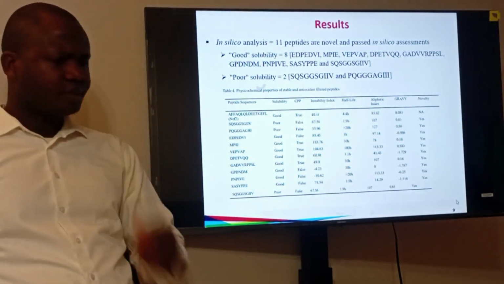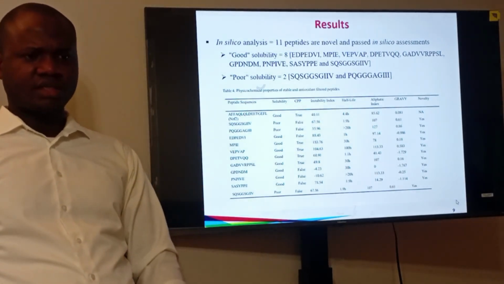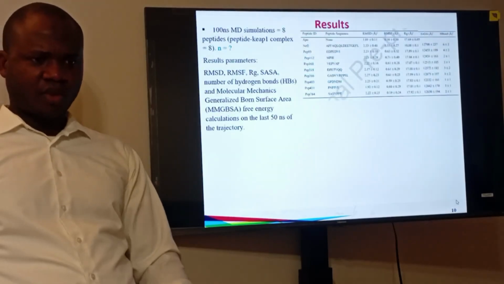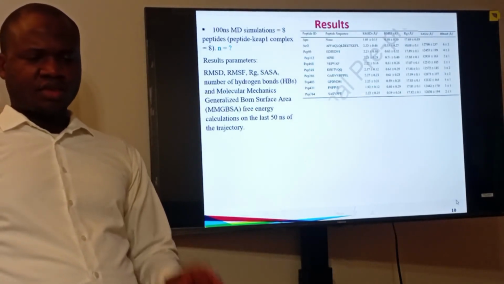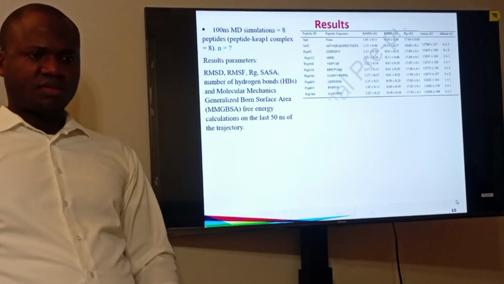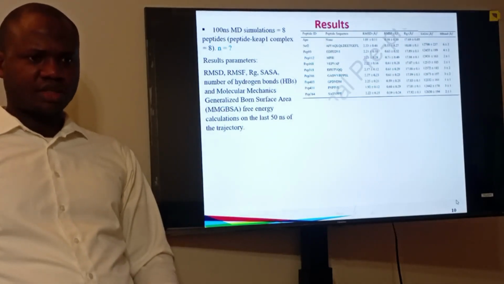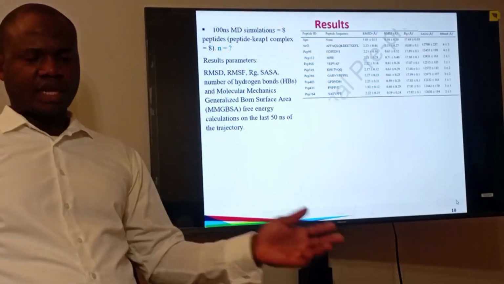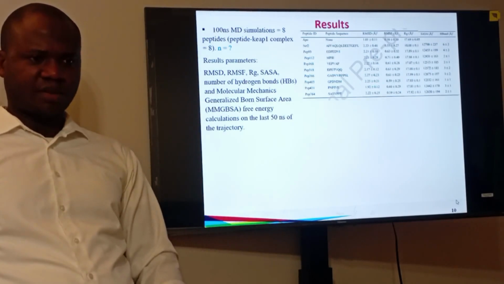So these 11 that passed the in silico analysis were taken further for other analysis. Out of the 11, the 8 that had good solubility were subjected to molecular dynamics simulation. The standard, which is NRF2, was also subjected to molecular dynamics simulation.